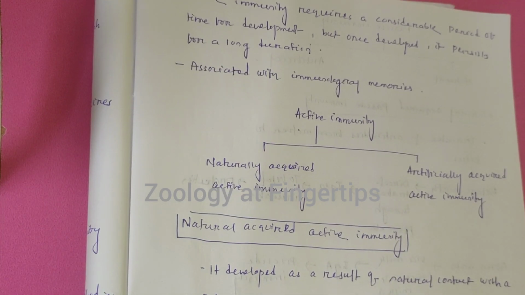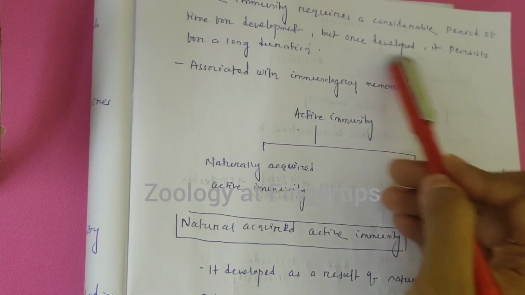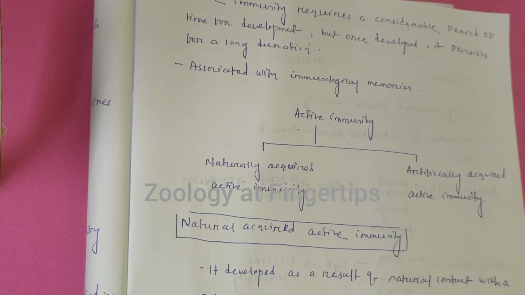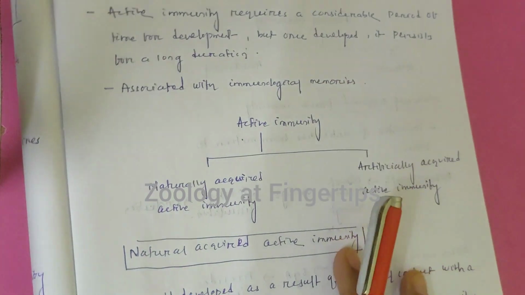When we are exposed to the same antigen again, that is, second exposure, our body responds in a very rapid way, within a short period, because our body retains memory for such antigen. This is called immunological memory, and active adaptive immunity retains these memories.